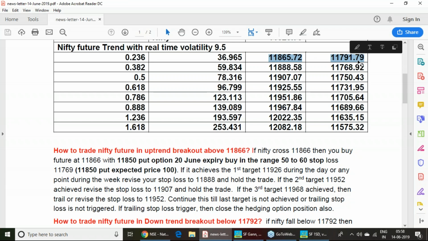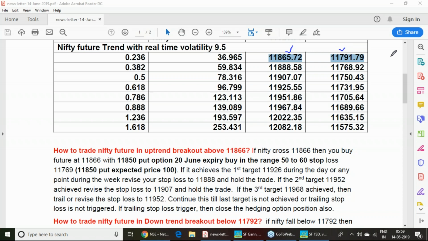Or if Tuesday it doesn't give me a breakout, neither going above 11,866 nor falling below 11,792, then I'll wait for Wednesday. So this is what I am waiting for. If I get a breakout, I am going to enter the trade. My breakout point for the uptrend is 11,866. My breakout point for the downtrend is 11,792.